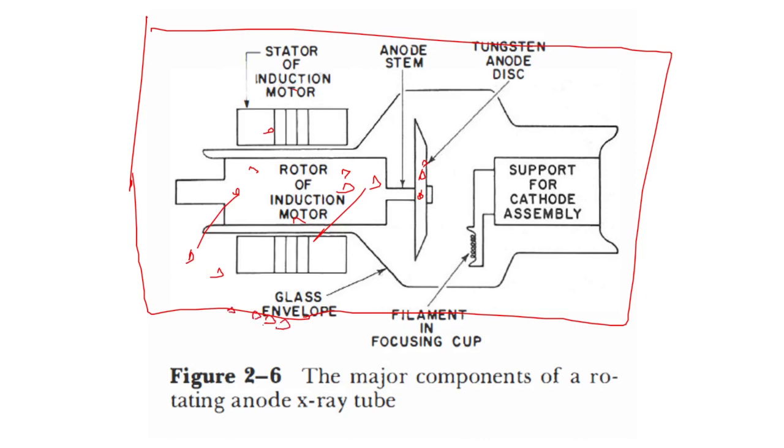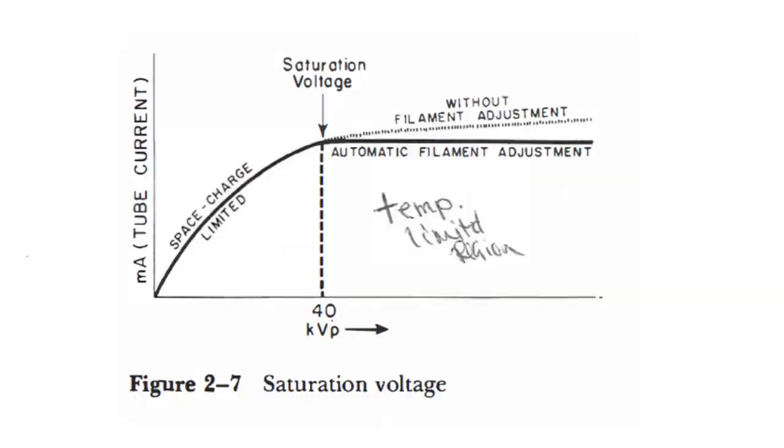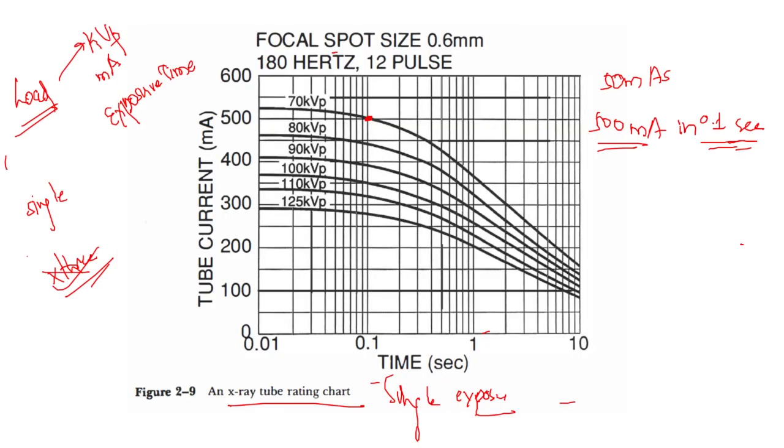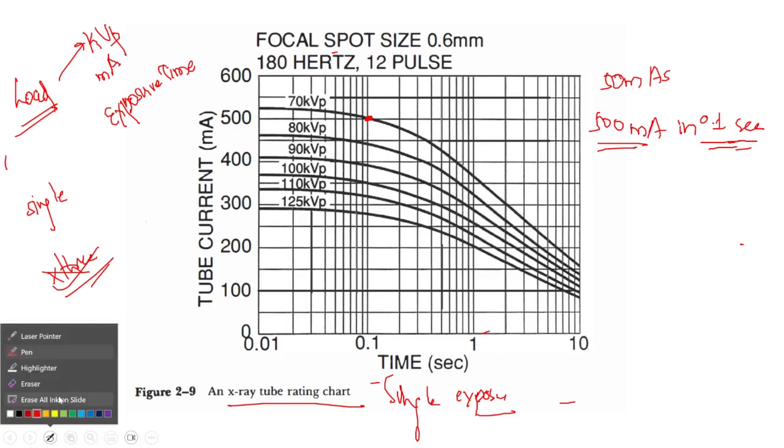So with a series of exposures, the whole anode along with the X-ray tube might be exposed to high heat. So we have to calculate the upper limit, or at least the safety limit, of using the X-ray tube. For repeated exposures like in angiography, we can also use this tube rating chart.